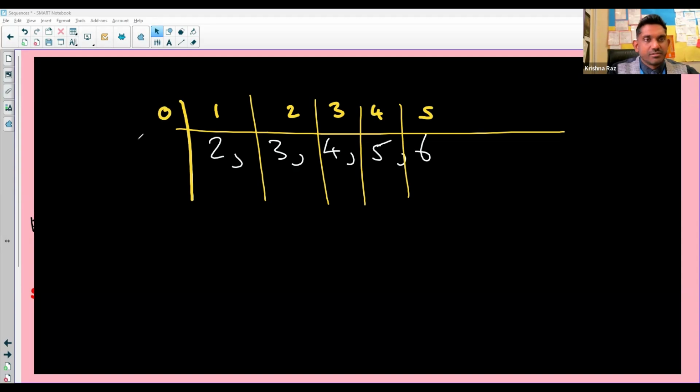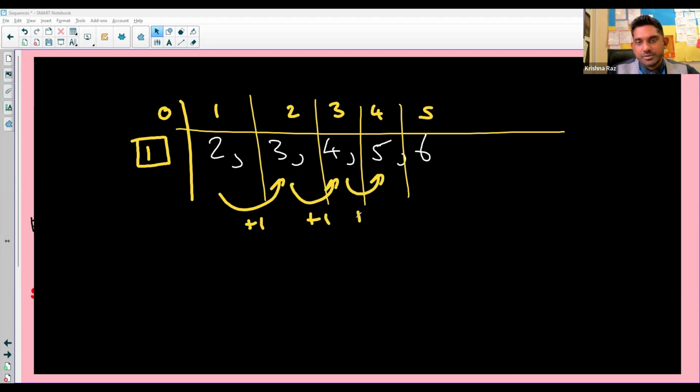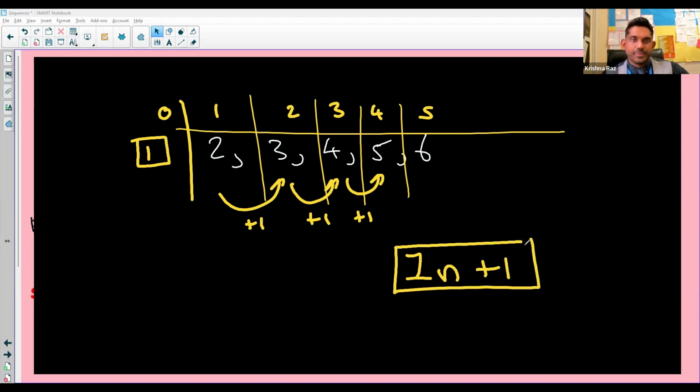I'd want to find the 0th term, which would be 1, because it's going up in ones. It's an adjustment of the 1 times table. And the 0th term is 1, so it's more than 1 times table. So that 2, 3, 4, 5, 6 sequence can be described by 1n plus 1, or n plus 1.